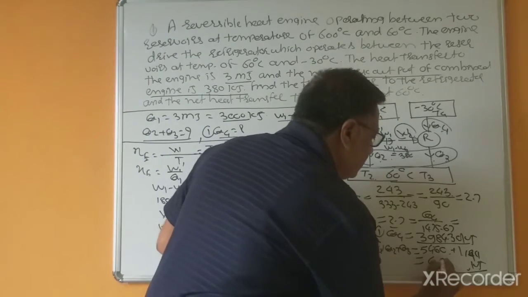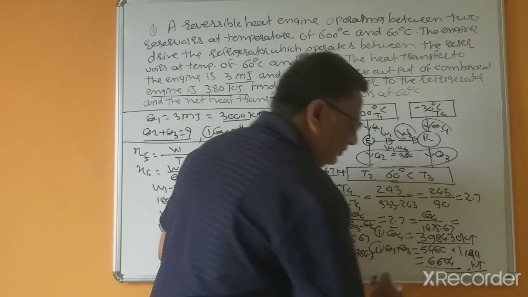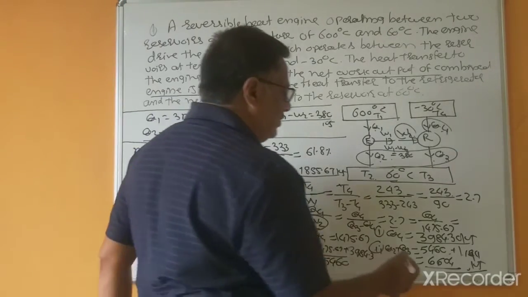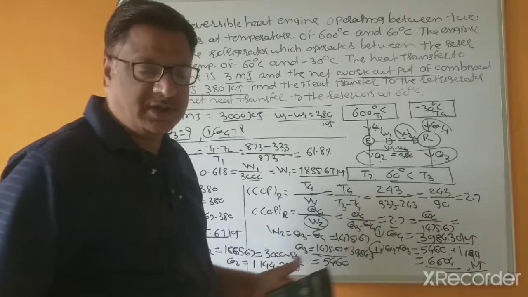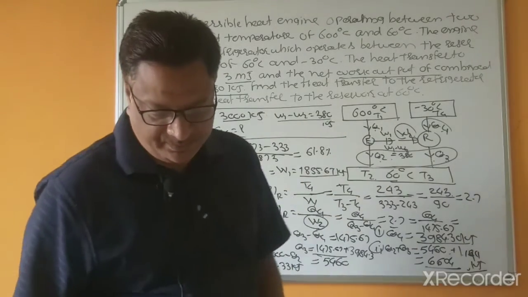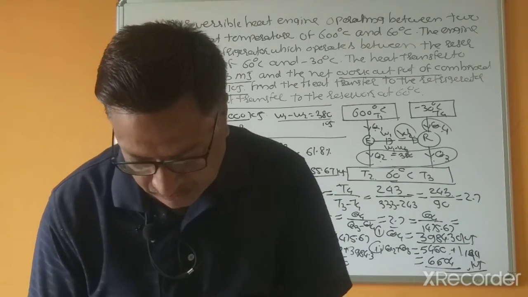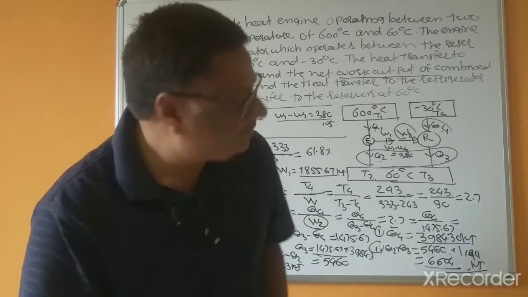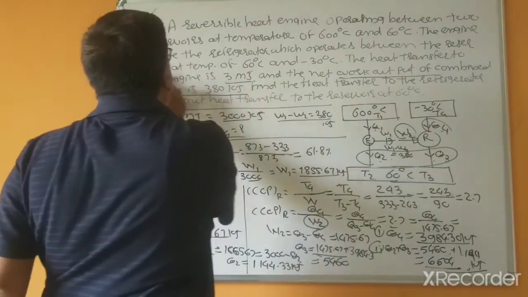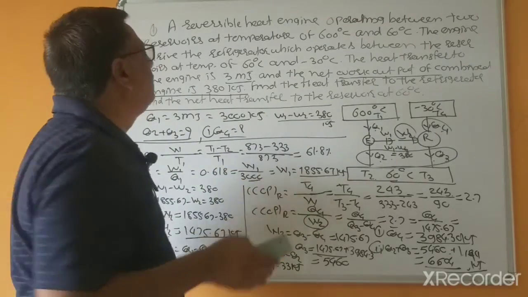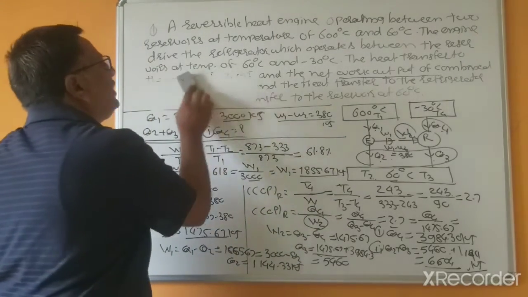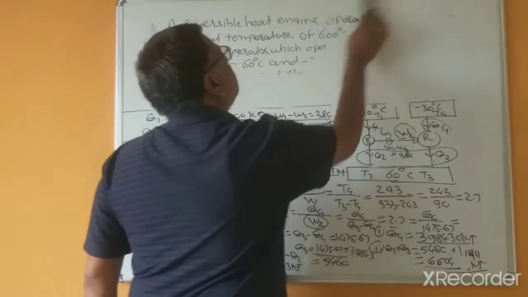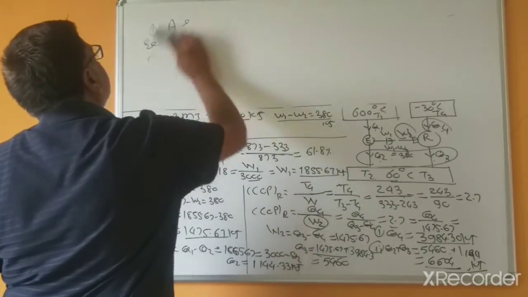This is 6604, and this is right. So this is your expected answer of the first problem. Note down the next problem. Now you understand how the combined engines and refrigerators work. A similar problem I will solve.